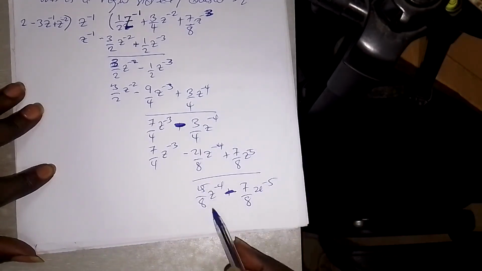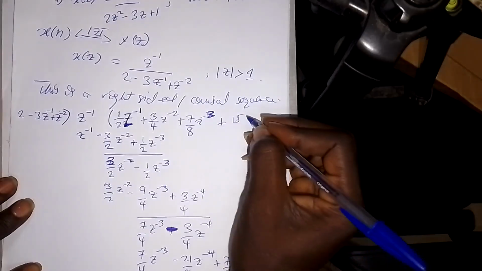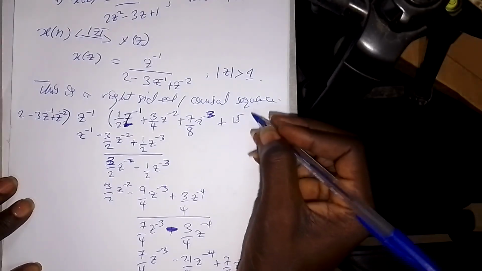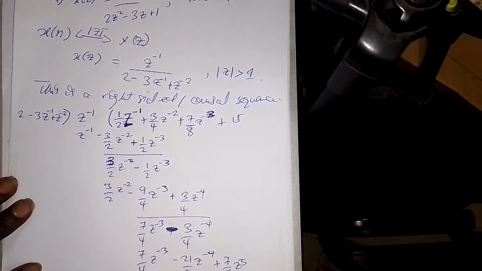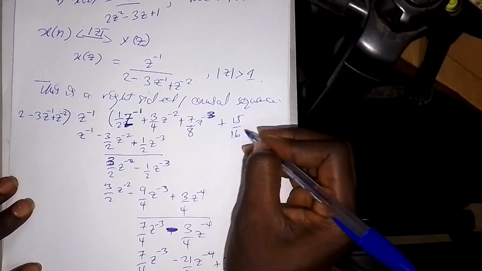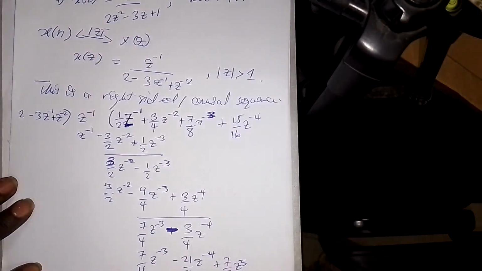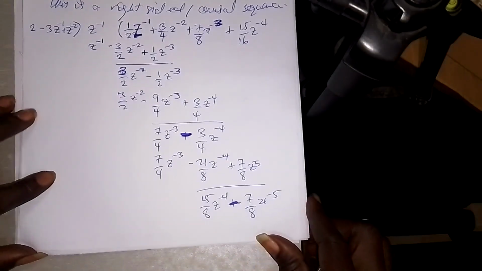So this one will go here. No, this one goes here. 15 over 16. Okay, 15 over 16, all right, into z exponent minus 4. Okay, so basically this is what you get.